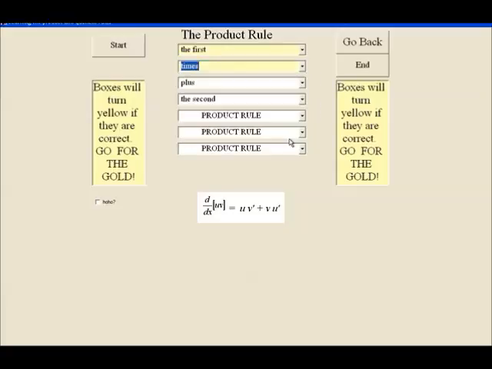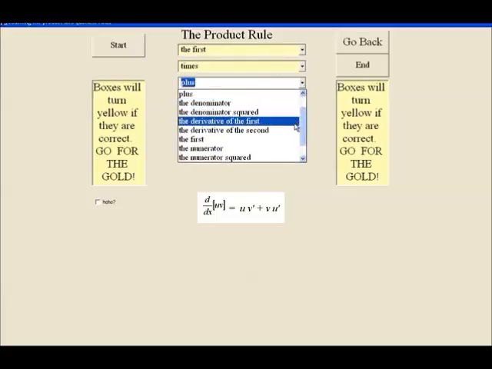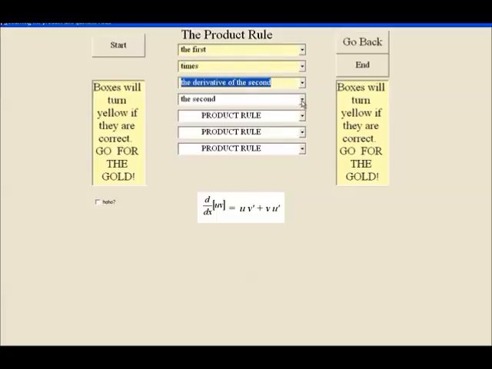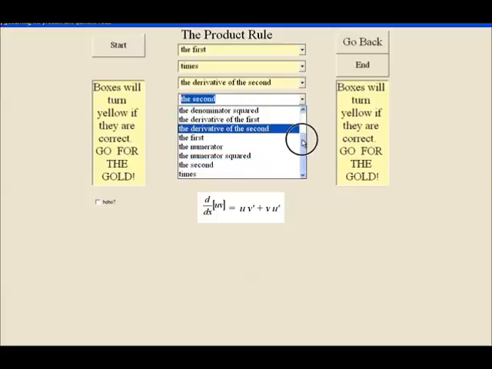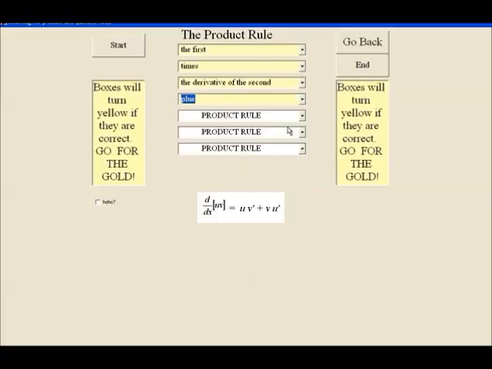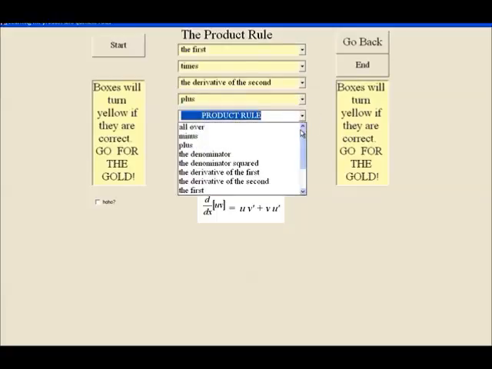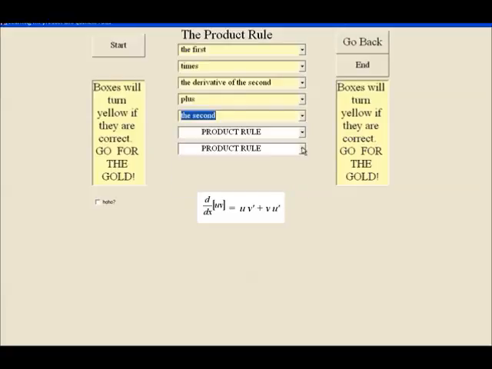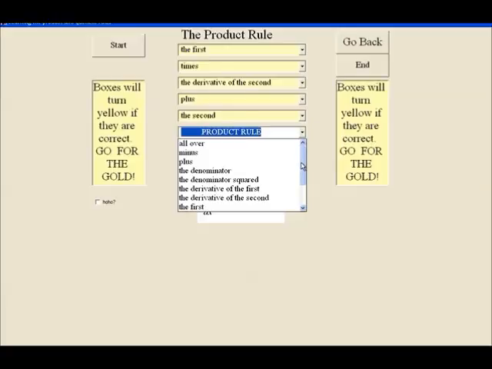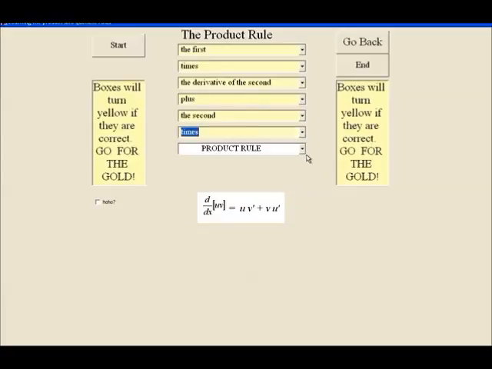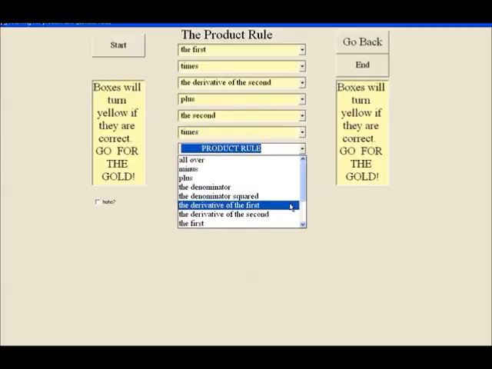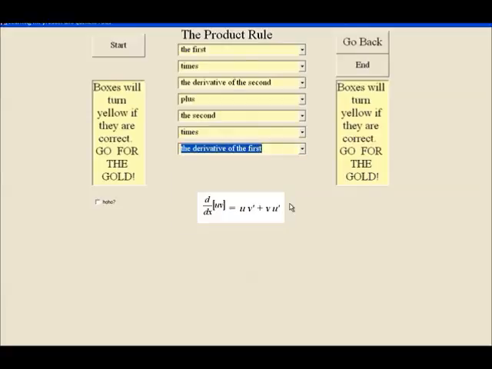I'm sorry, times. See, it's turned yellow. The first times the derivative of the second, plus the second times the derivative of the first. And it's all turned yellow, so it's right.